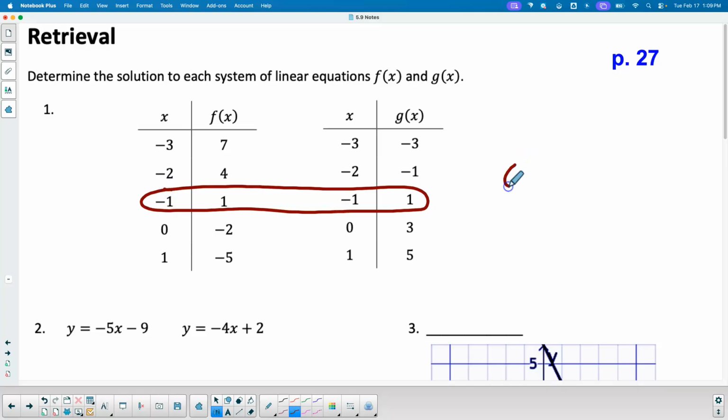I got -1, 1 for the solution for both of those. Yes? Because it's the same point that shows up in both of them.